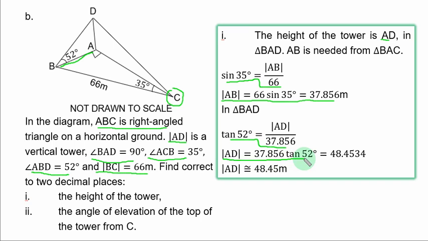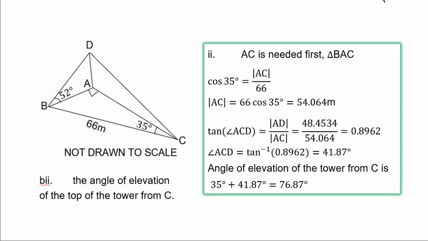If you check that tan and multiply by the coefficient, you have 48.4534. To 2 decimal places, the height of the tower AD is approximately 48.45 meters. Roman figure 2 of B, the angle of elevation of the top of the tower from C. This is the entire angle.